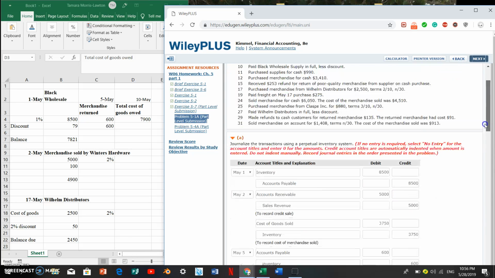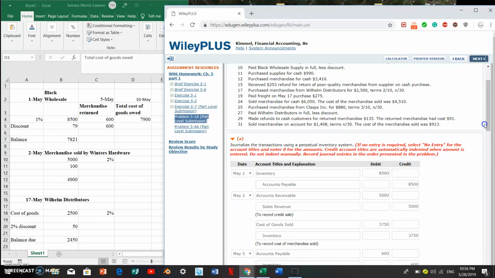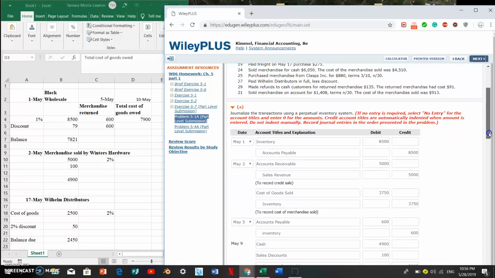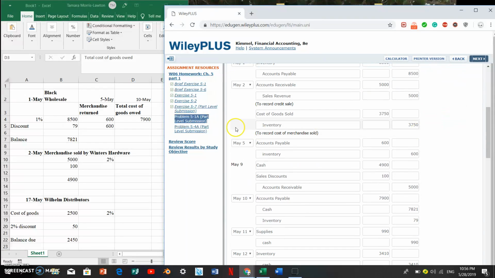On May 10th, they paid Black Wholesale Supply in full less the discount. Remember that the initial purchase was for $8,500. They returned some of the goods for $600, so what they would have to pay Black Wholesale would be $7,900. From that $7,900, they would apply the 1% discount, which would total $79.